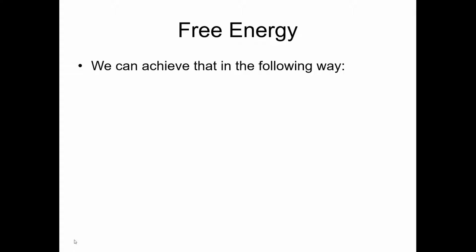First of all, we can get to this idea of an energy based indicator of spontaneity this way. Let's go back to this equation that says that the change in entropy of the universe is going to be equal to the change in entropy of the surroundings plus the change in entropy of the system.